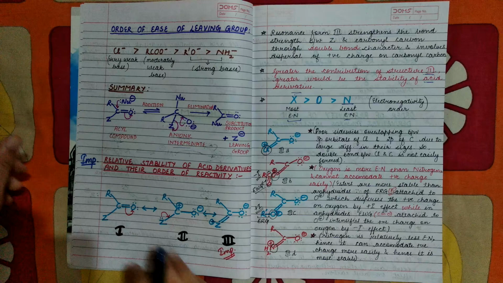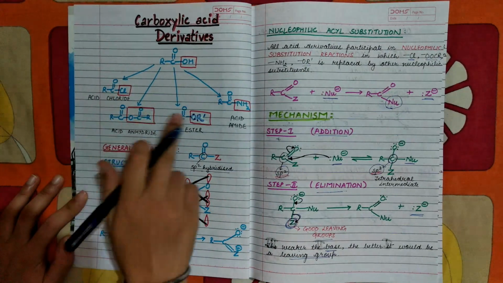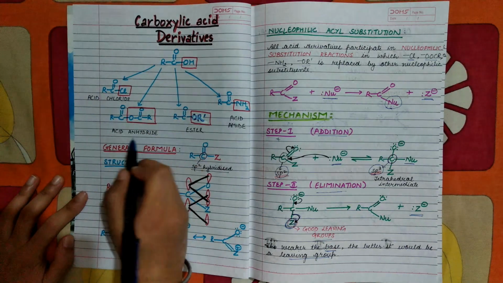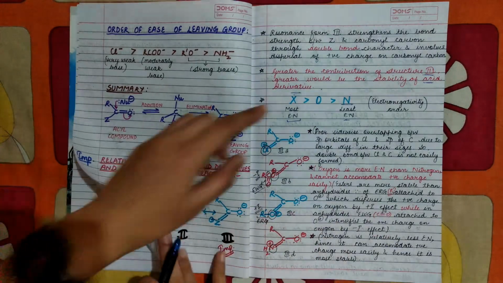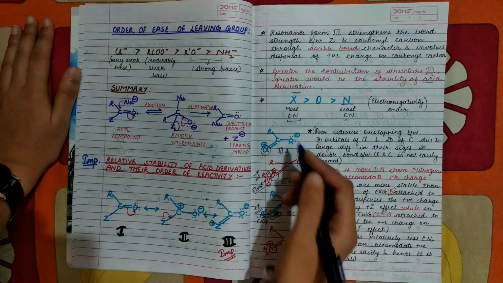Now, one more thing I want to tell you. We have to learn these 4 in the same order I have written here: acid chloride, acid anhydride, ester, acid amide. I will tell you why we have learned these structures in this form only.